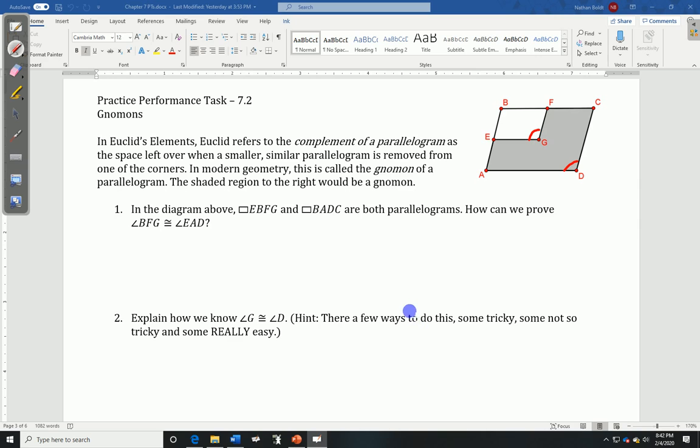Again, you're going to use properties of parallelograms and possibly properties of parallel lines. There's many ways to do this. Again, you're going to be using the I know because sentences to connect G all the way to D. Good luck. Pause the video when you're ready for hint 2. Play the video again.